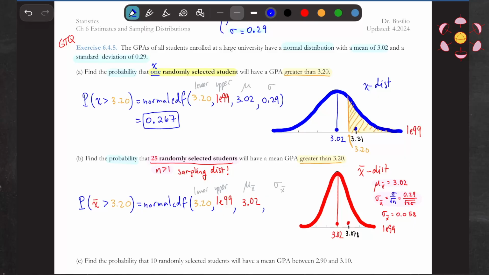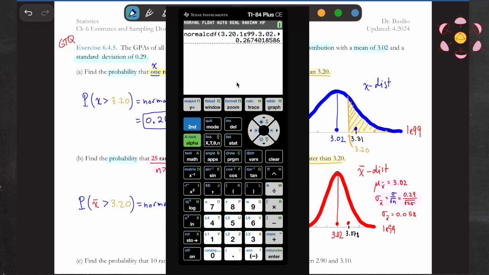Now for the standard deviation, we're going to do 0.29 divided by the square root of 25. This is how I recommend we enter it into the calculator. Okay, so let's do the calculation, look at the number, and then I'll do the drawing afterwards, because I find that with sampling distribution, the questions are a little bit harder to visualize.